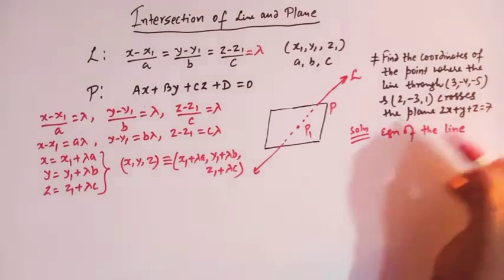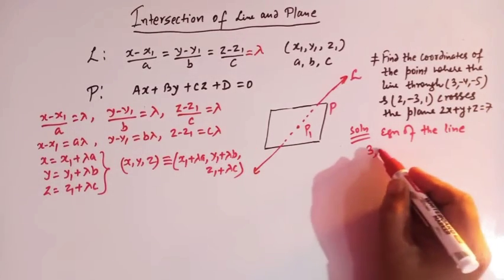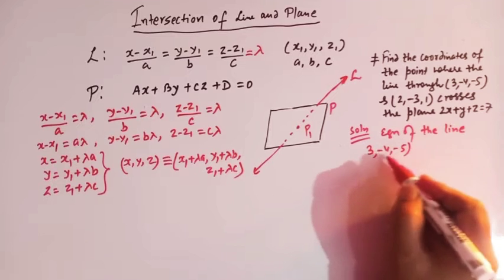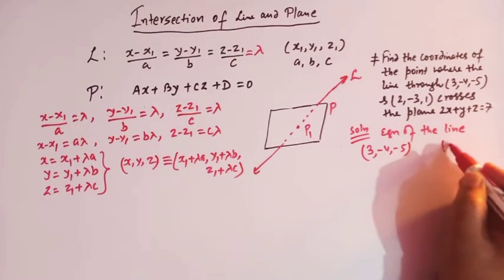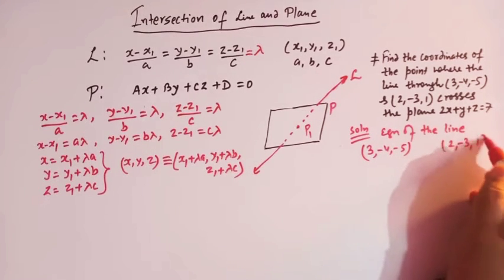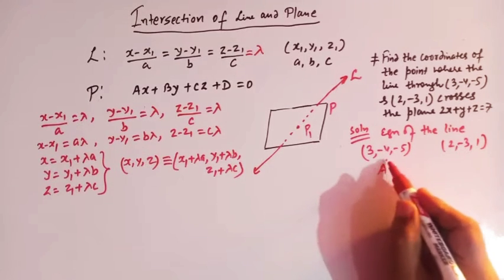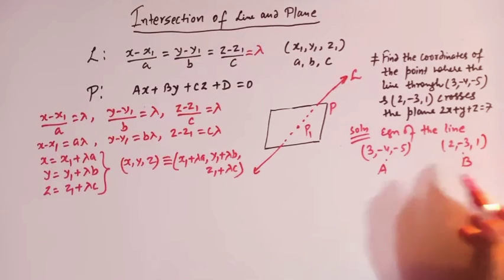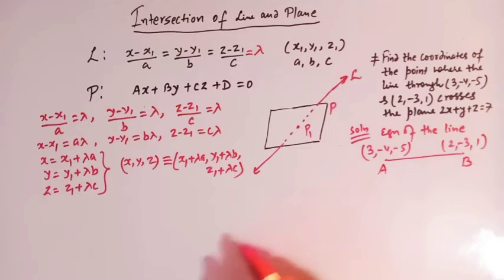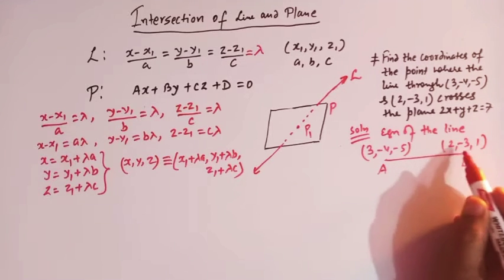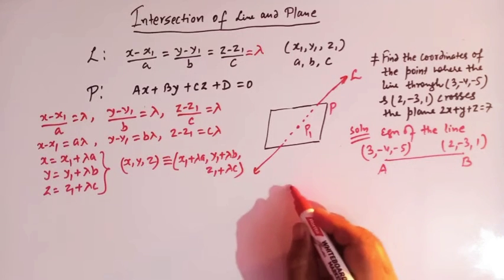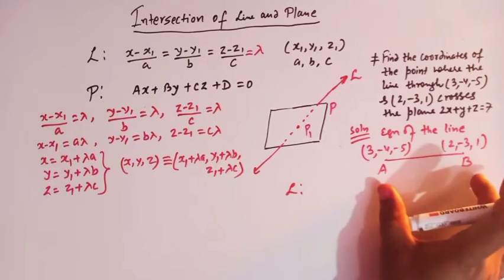So let us take this point as A, this point as B, and let us first find the equation of the line L which is AB, right?